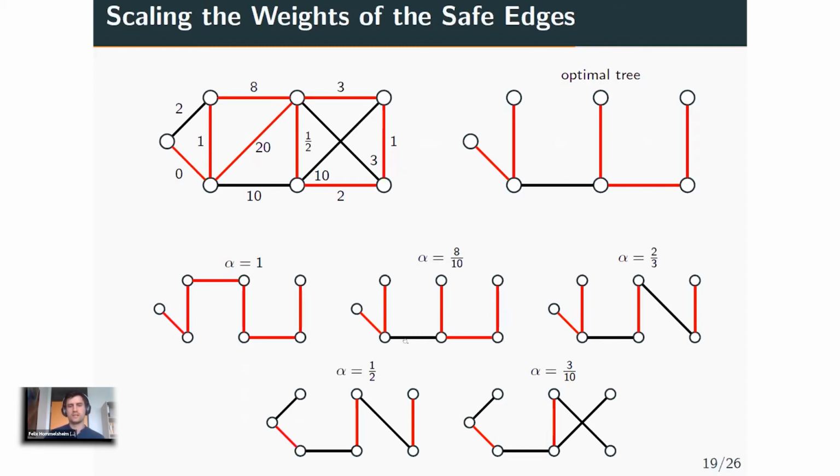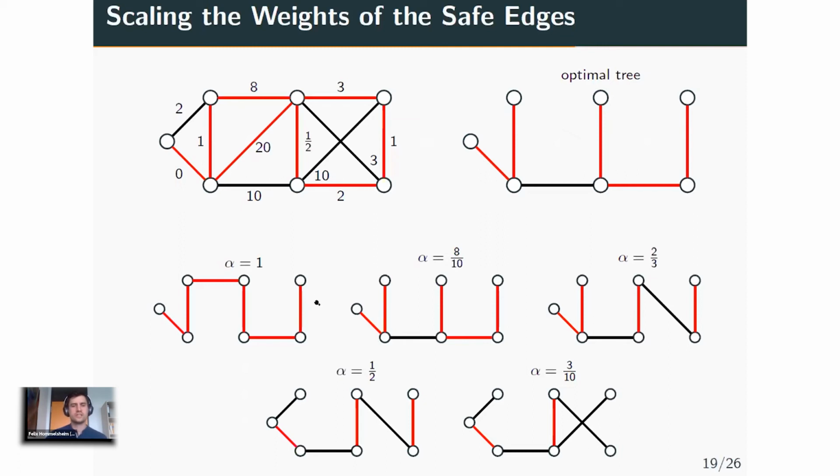And so the threshold value for this edge is exactly 8 divided by 10, because for alpha equal to 8 divided by 10, this edge is contained in the alpha MST, and for all smaller alphas as well. But for bigger alphas, the edge is not contained in an alpha MST. And you can do the same for the unsafe edges, but the other way around.